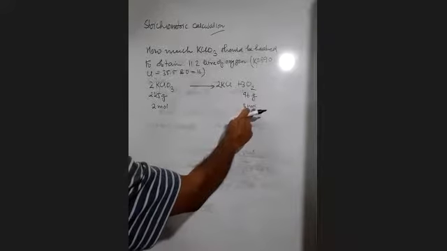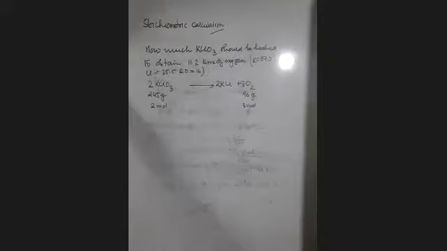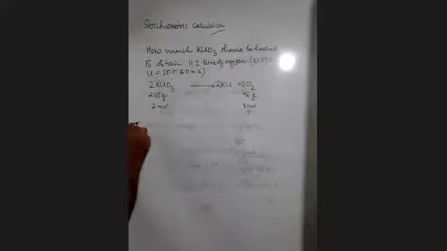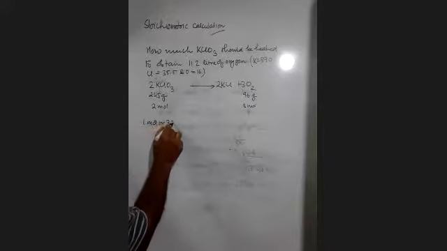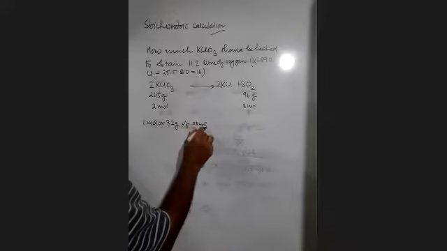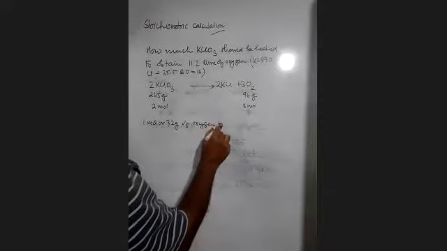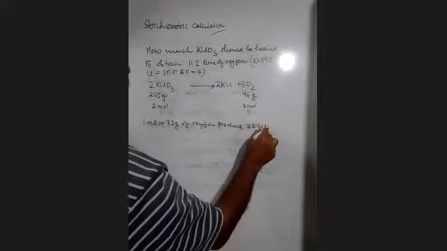See here. 1 mole of oxygen, you will occupy how many liters? 22.4 liter. 3 mole will occupy how much? Okay, see here. 1 mole or 32 gram of oxygen produces 22.4 liter.